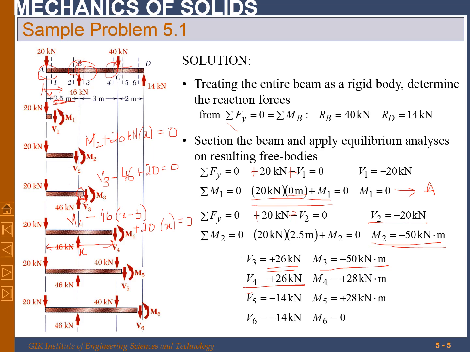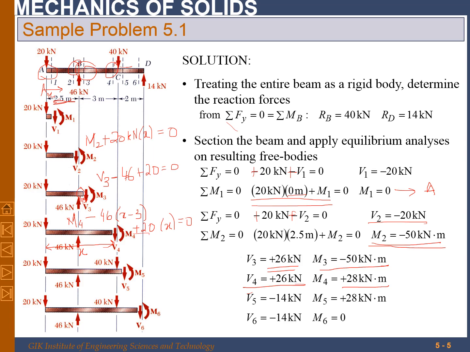Now if you put x is equal to 2.5 plus 3, that will become 5.5, that will give you the value of moment, plus 28 kilonewton meter. And if you put x is equal to 3, then again it must be equal to minus 50 kilonewton meter.